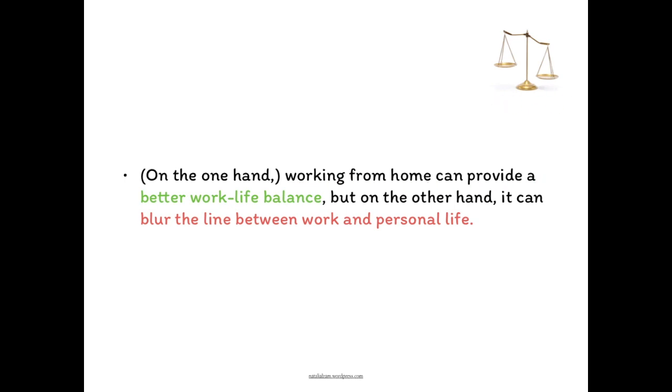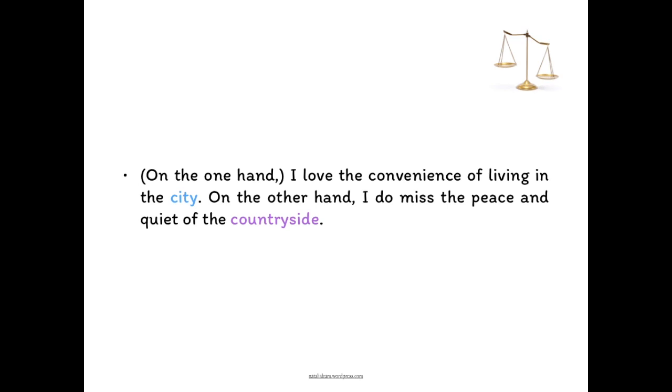Working from home can provide a better work-life balance, but on the other hand, however, it can blur the line between work and personal life. In this case, there is no positive or negative. This is simply comparing and contrasting two different elements, the city and the countryside. So you're weighing the pros and cons of each. I love the convenience of living in the city. On the other hand, however, I do miss the peace and quiet of the countryside.